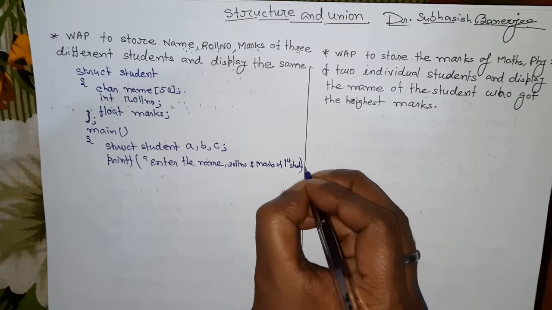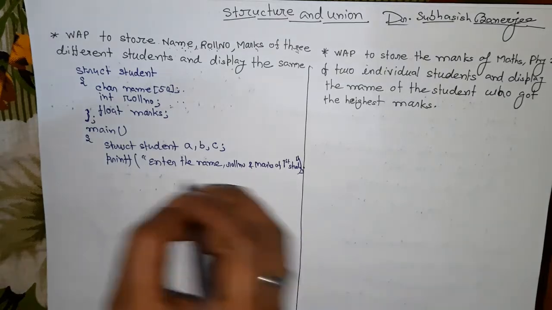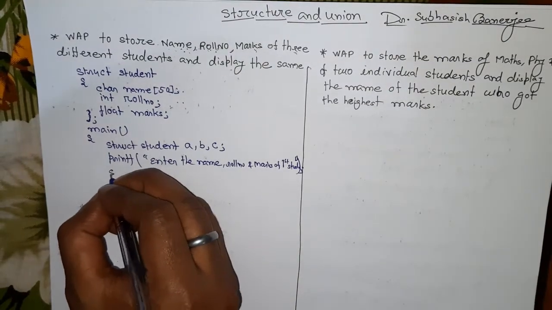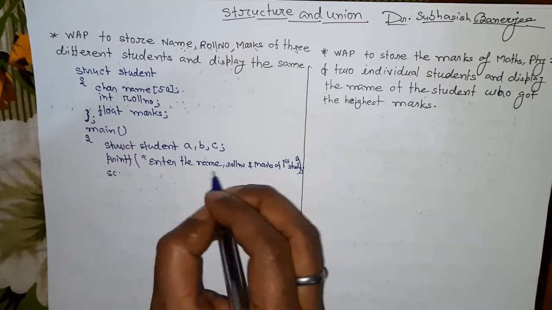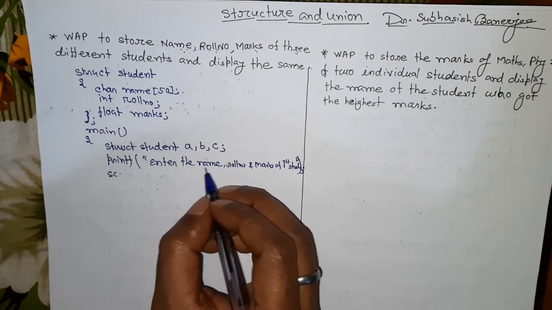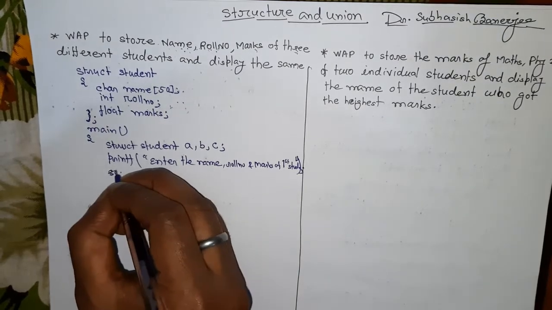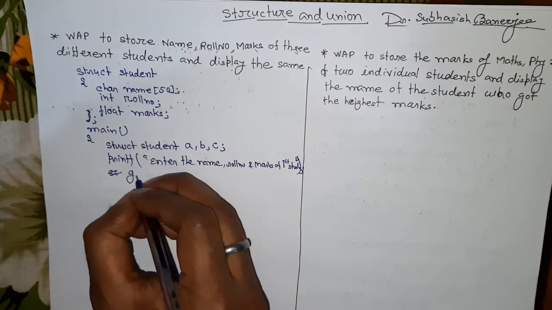That's the first student. So how can we do so? To read the data, the name is a string, and there could be a first name and last name, so scanf is not useful. Instead of scanf, we may use gets.